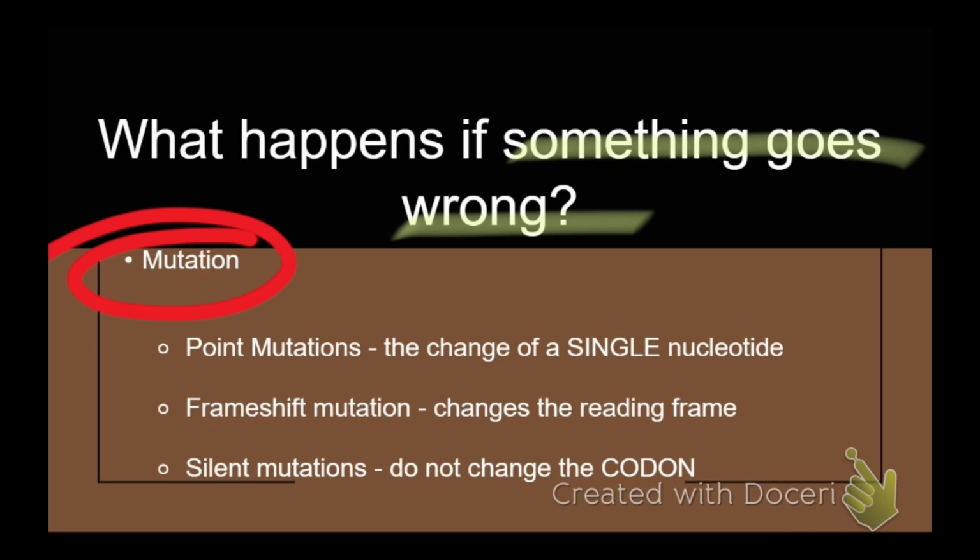But if something goes wrong in transcription, especially translation, I'm going to end up with a genetic mutation. Sometimes genetic mutations can be good, and sometimes they can be really bad.